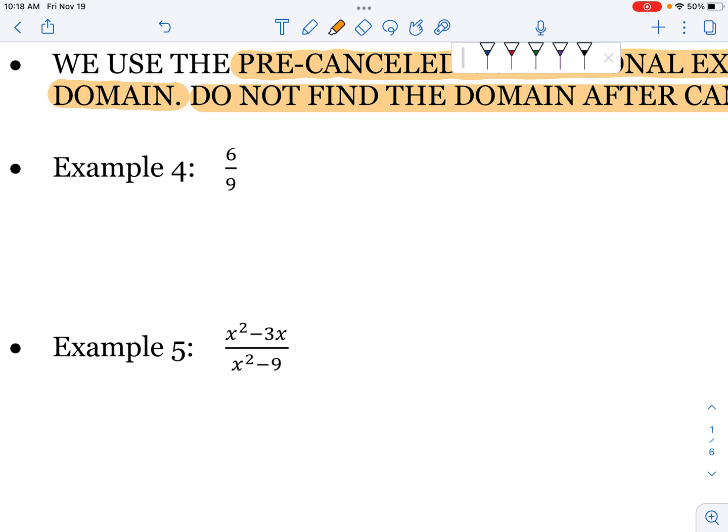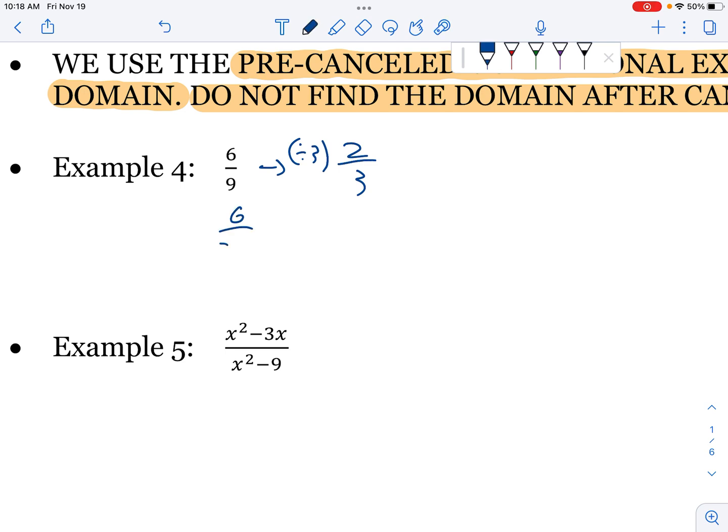Okay? Easy one. If I were to say 6 over 9, 6 divided by 9, I took off half a point on your test if you didn't simplify stuff like this. It would be divided by 3, 2 over 3, right? I have a factor of 3 on the top and a factor of 3 on the bottom, so I can cancel it out. Okay, it needs to be present in every term.